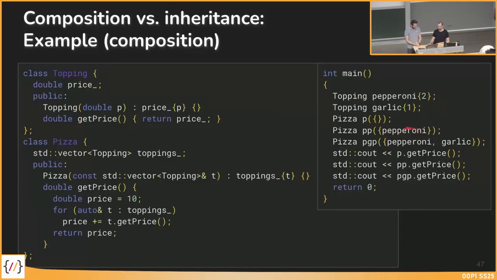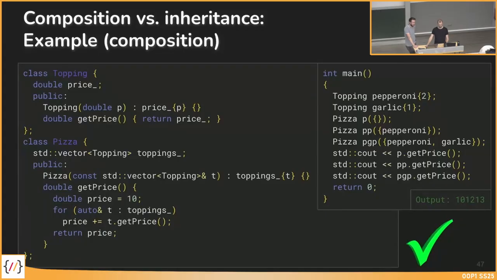Then here we can just specify, okay, this should have pepperoni on, this should have pepperoni and garlic on, and again, we can get the same prices. But as you might see now, it's very easy to add new toppings to it. So instead of inheriting and always writing new classes for specific types, you can use this vector here to specify different variations of a pizza and what's added on this pizza.